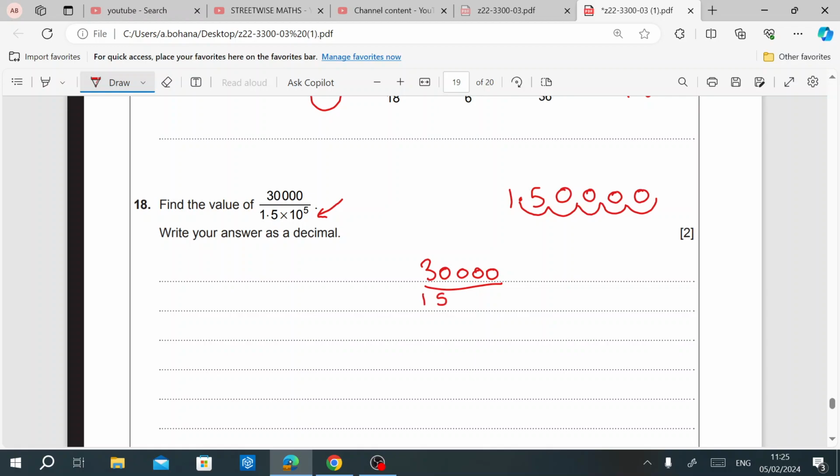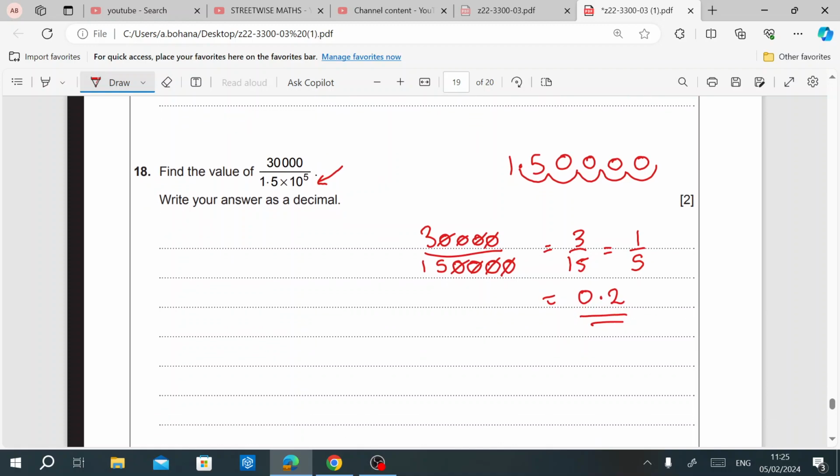So 1, 5, 0, 0, 0, 0. Cancel off the zeros. 1, 2, 3, 4. 1, 2, 3, 4. Then all I got to do is work this out. 3 over 15, which is 1 over 5. Is 0.2. So the answer is 0.2.